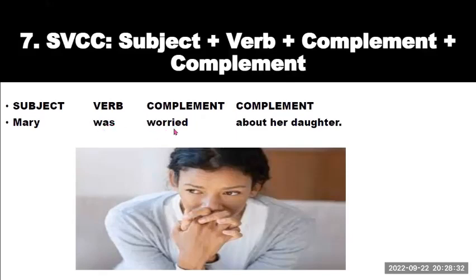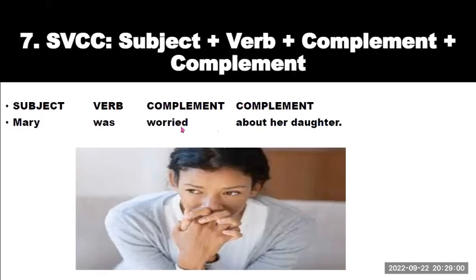Now, what happens here is that after worried, which is the complement, worried, by the way, is a past participle, which is used as an adjective here, okay? As an adjective, which of course is functioning as a complement. Now, we see that about her daughter is an adjective complement.